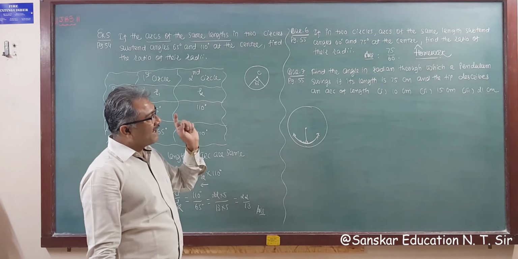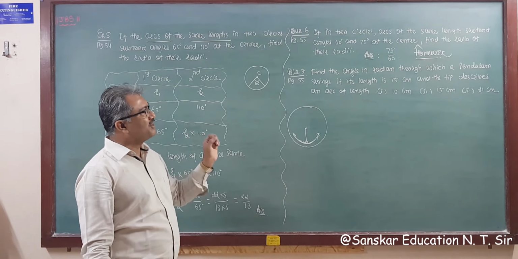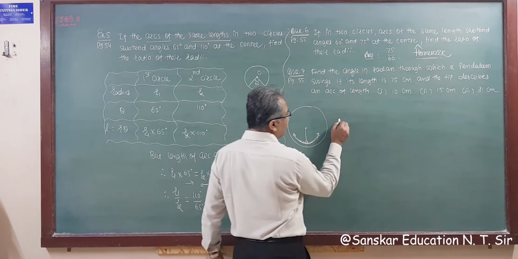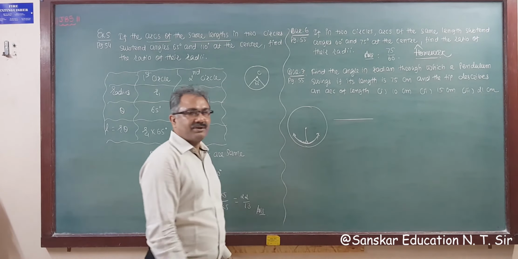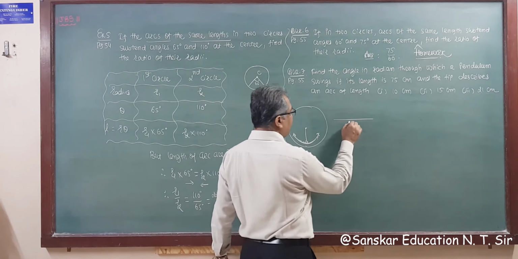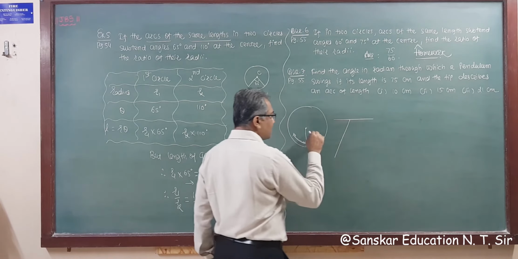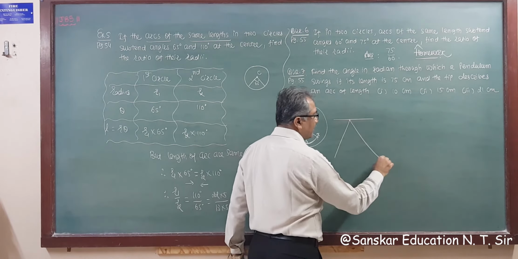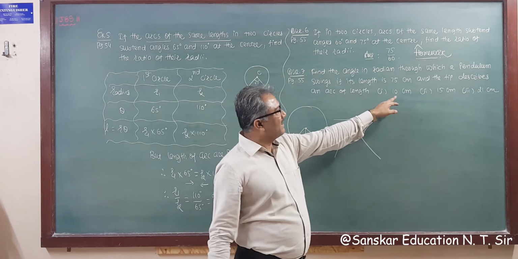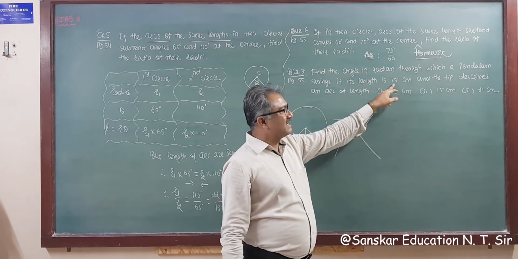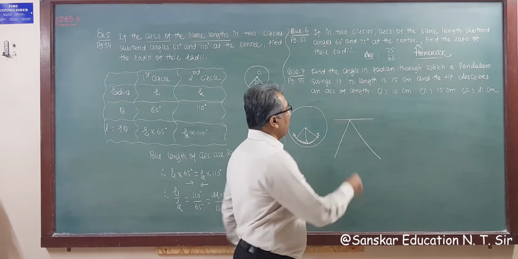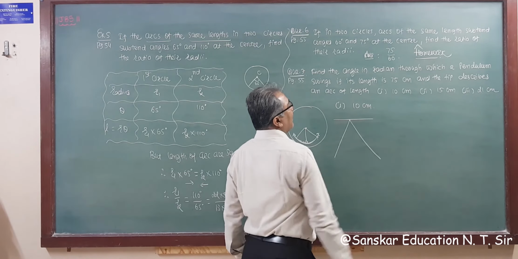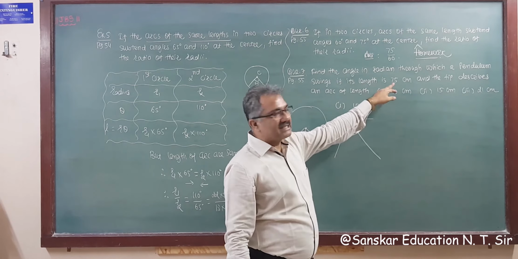So what is given? Find the angle in radian through which a pendulum swings if its length is 75 centimeter. Suppose this is your pendulum. Now I am drawing first. This is the length of the pendulum. In the first question, 10 centimeter is given as the length of the arc, and 75 centimeter as the length of the swing.